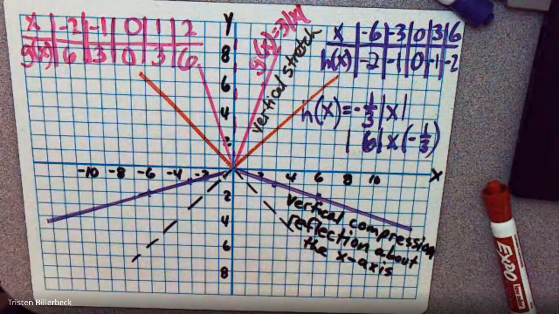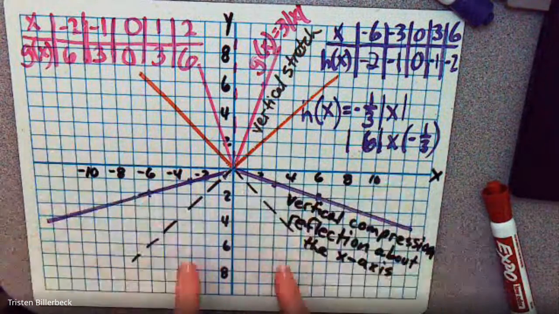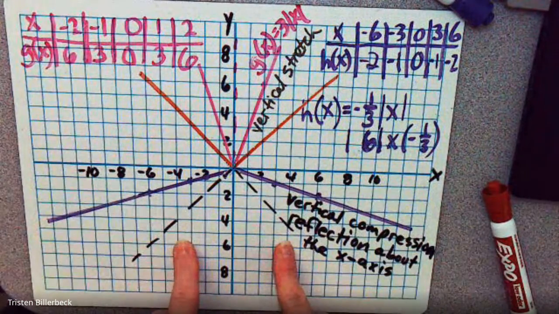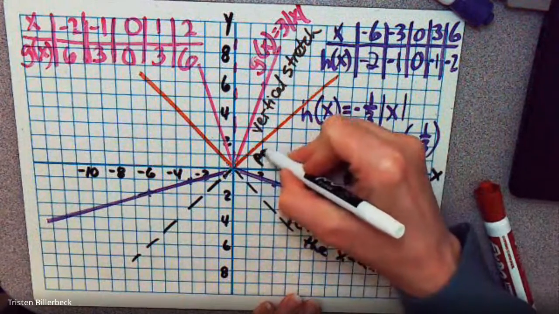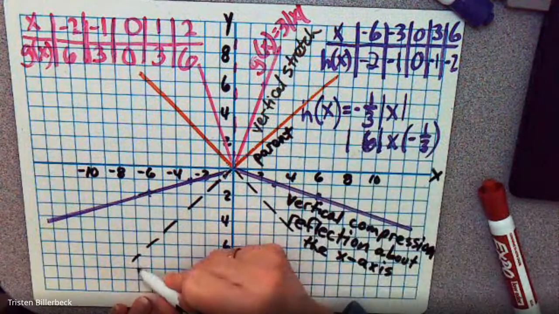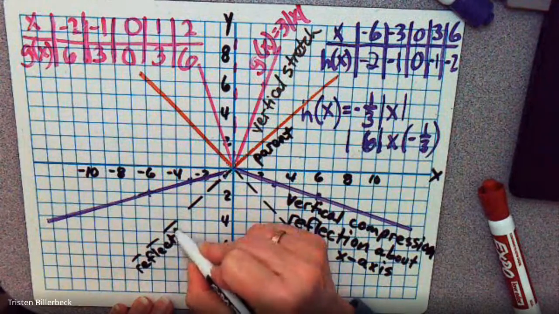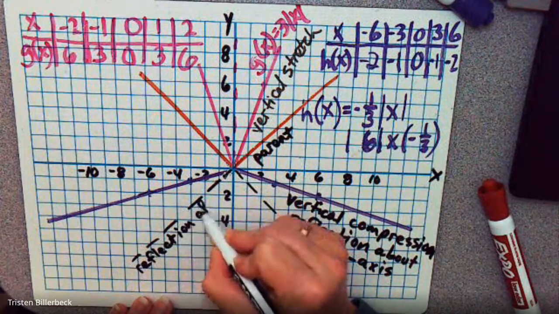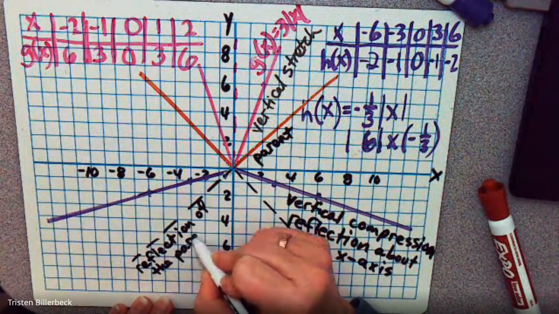So when we look at it this way, we can see, oh yes, this purple one is compressing away from the reflection of the parent. So we have the parent function here, and this is the reflection of the parent function.